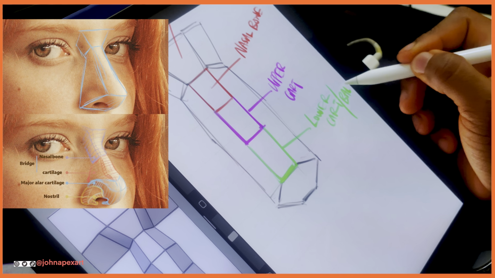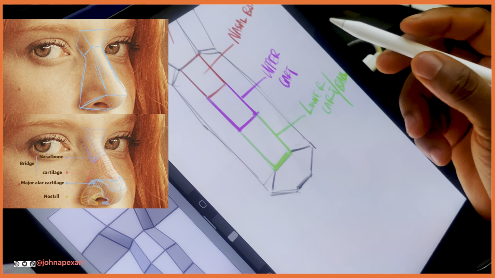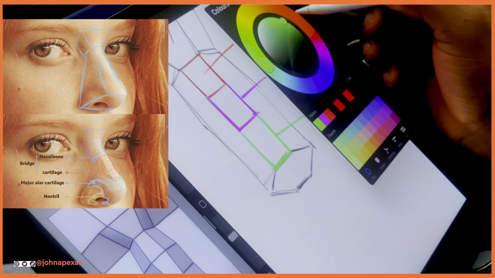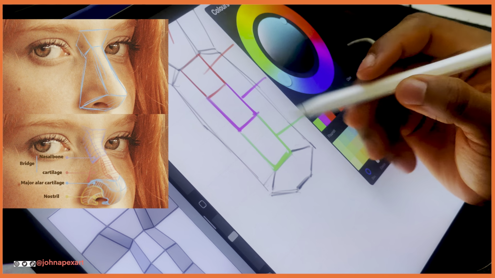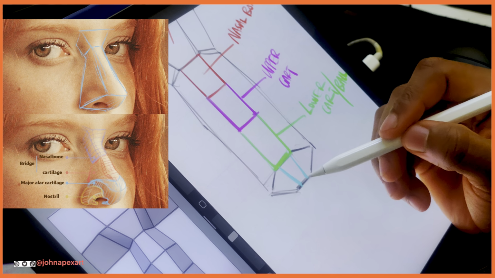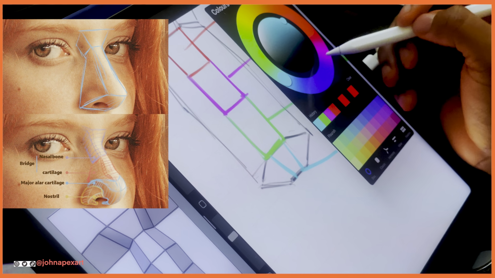Not some people, we all call it the ball of the nose. This lower plane over here, we have the septum, and then we have the wings of the nose.